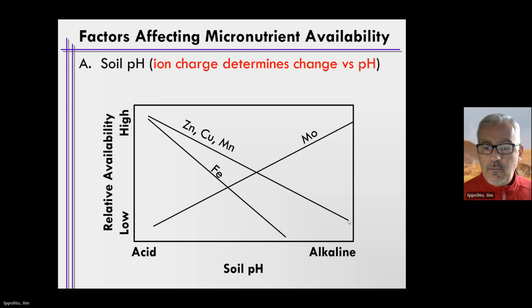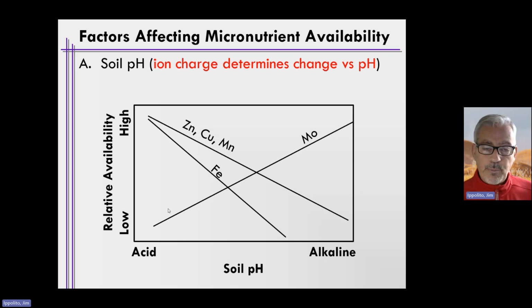And we know from years of soil chemistry work that if you decrease pH by 1 unit, say from pH 8 to pH 7, the change in availability is a function of the charge of the ion.